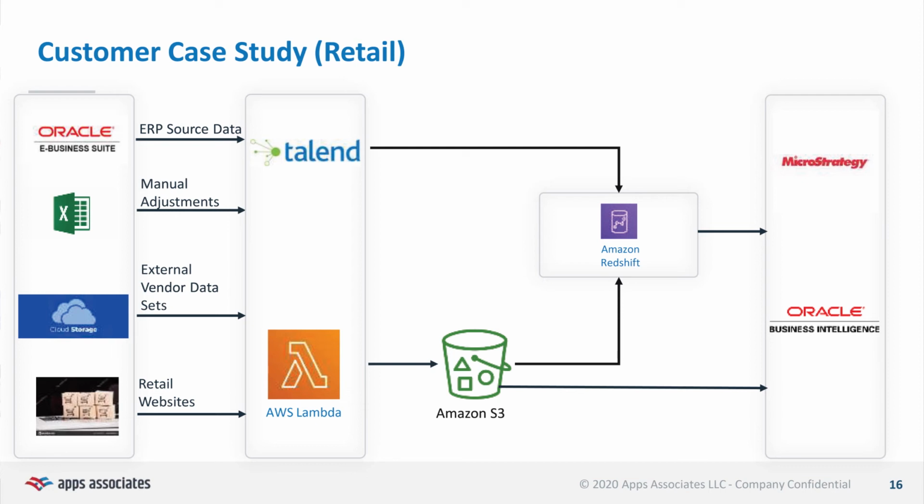In addition, as with any retail customer, you have external vendor data sets available. In some cases, organizations allow access to their portals to get information from those retail portal sites, and in other cases, they would use that information directly.